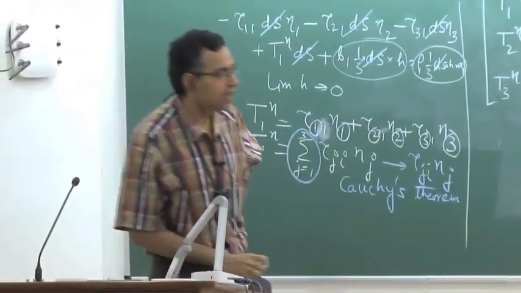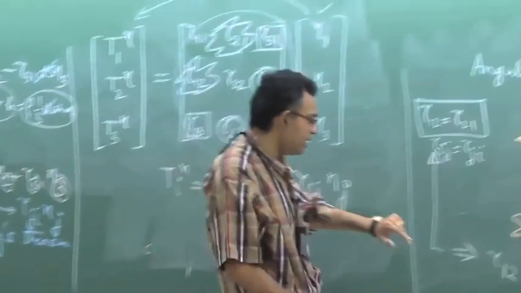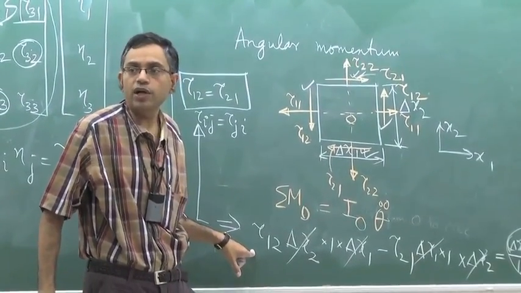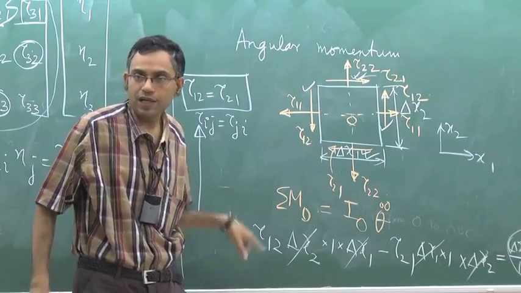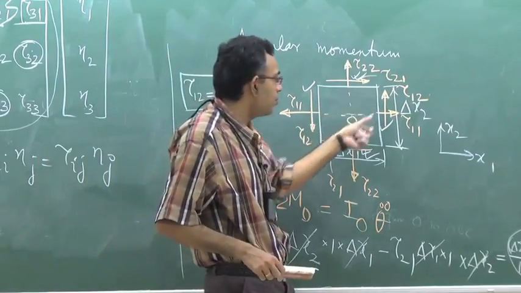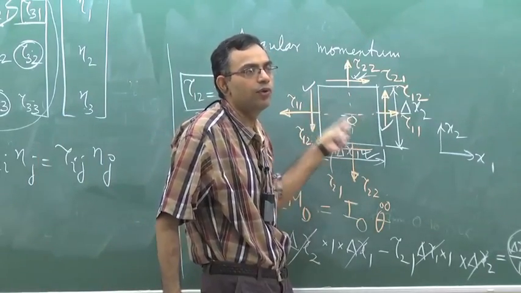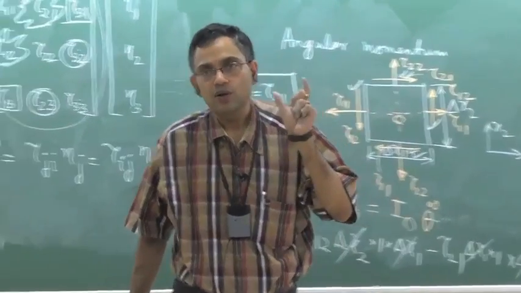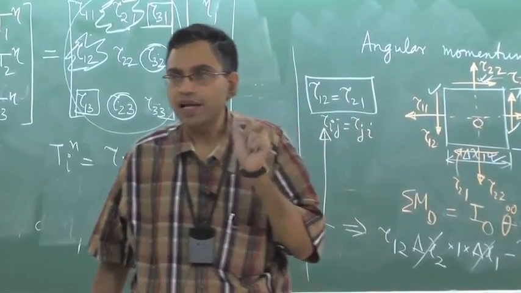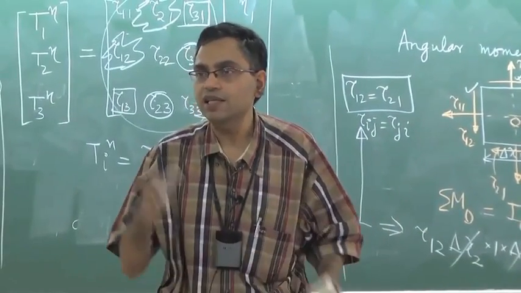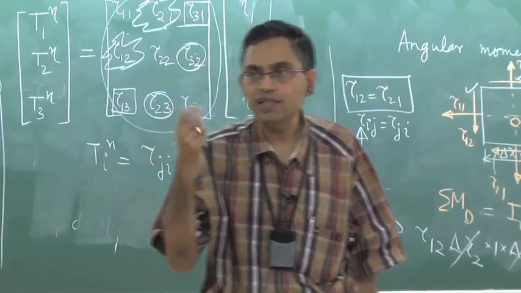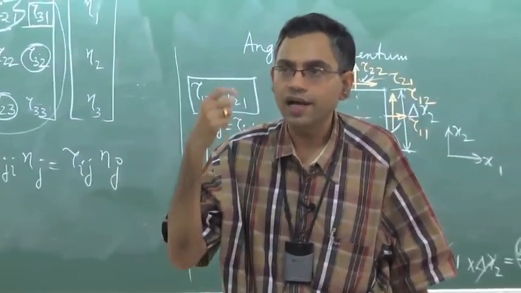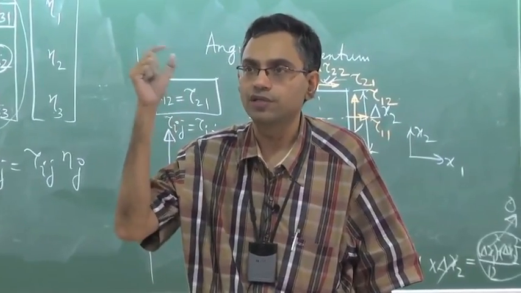Now one important thing is that while deriving this equation we have assumed that there is no body couple. That means there is no couple which is acting on the volume of the fluid. That is true in general for almost every fluid, but there are exceptional fluids which can sustain body couples. One such type of fluid which is used in research analysis is known as micropolar fluid.